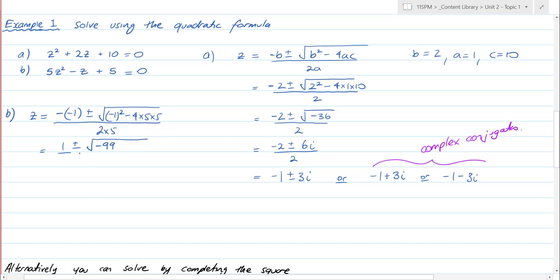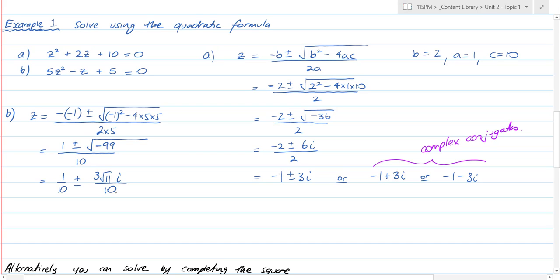Negative 99 over 10, which becomes 1/10 plus or minus. Now negative 99 is the square root of 99 times i, and the square root of 99 can be divided by 9. 9 times 11, so it gives us 3 root 11. So I get 3 root 11 i over 10, and that's really the best I can do.